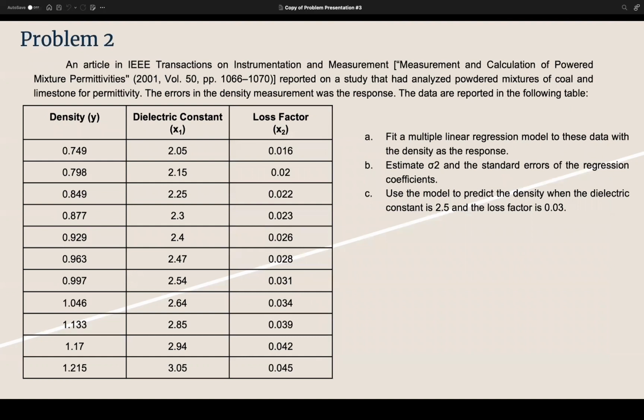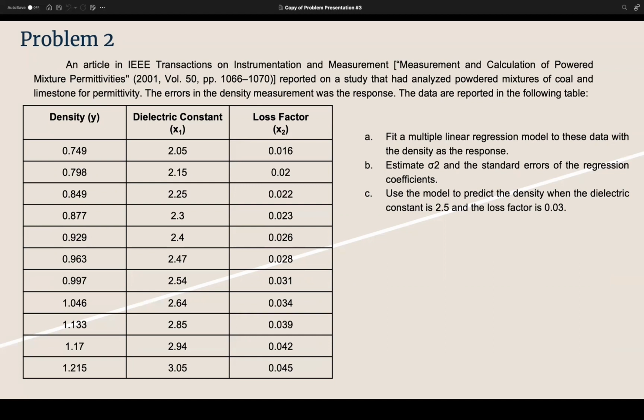So for our next problem, which is a multiple linear regression problem, an article in the IEEE Transactions on Instrumentation and Measurement reported on a study that had analyzed powdered mixtures of coal and limestone for permittivity. The errors in the density measurement was the response.